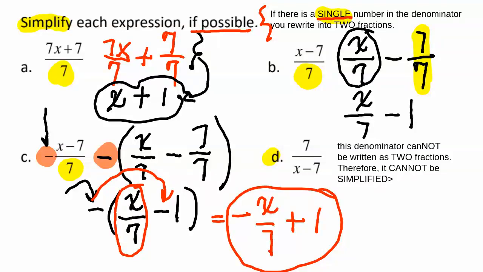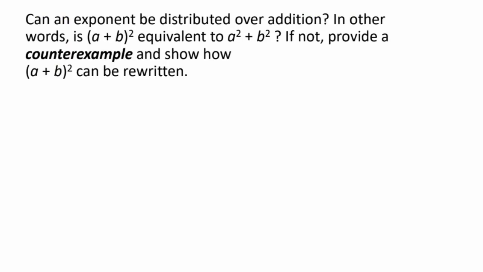Okay. Now, vocabulary and another algebraic proof. This is saying, can an exponent be distributed over addition? Well, in other words, now we got to translate this phrase. This phrase is saying, is a plus b squared equivalent to a squared plus b squared?